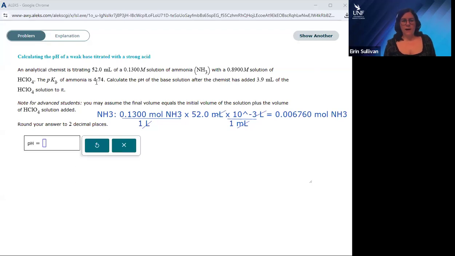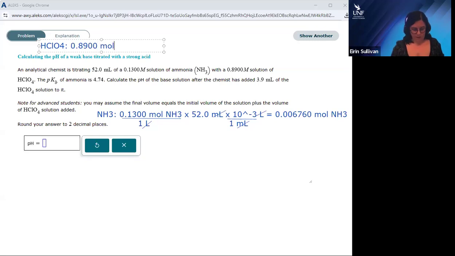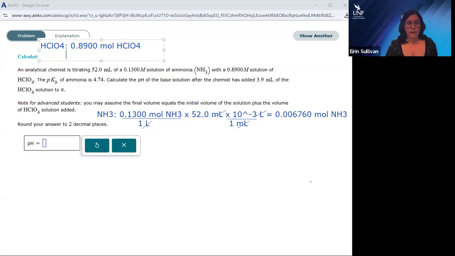So let me look at our acid then. My HClO3, my perchloric acid. My concentration was 0.8900 moles per liter. So I'm going to use that to calculate, in, let's see, what was it, 3.9 milliliters, how many moles of my perchloric acid I actually have.